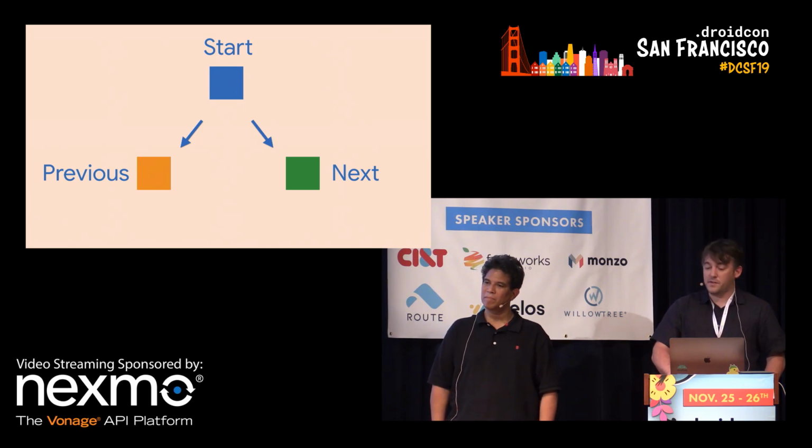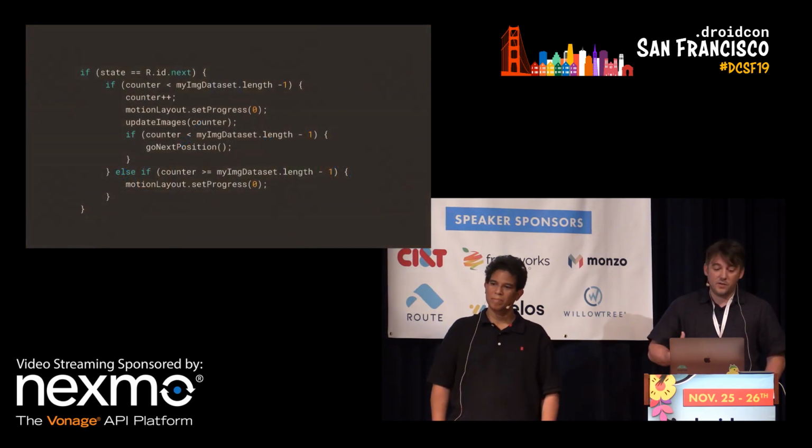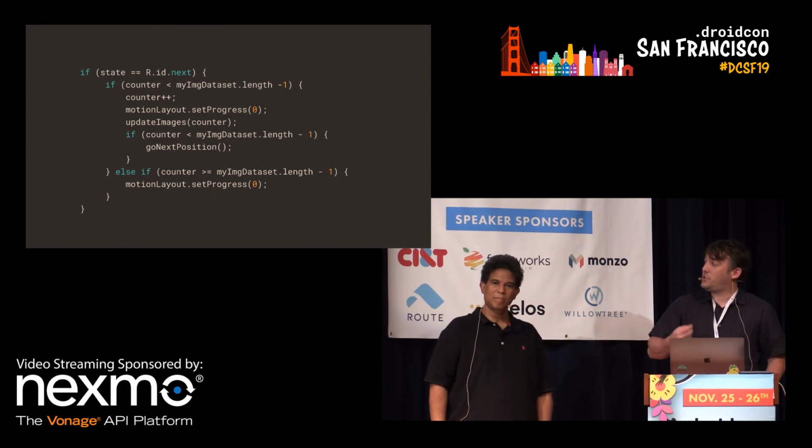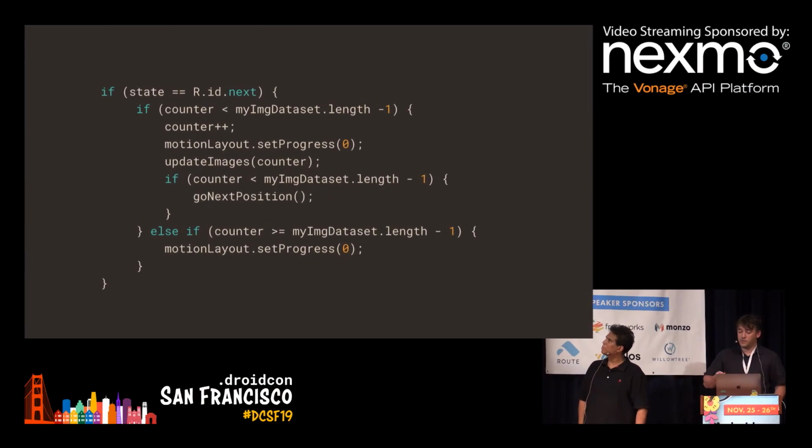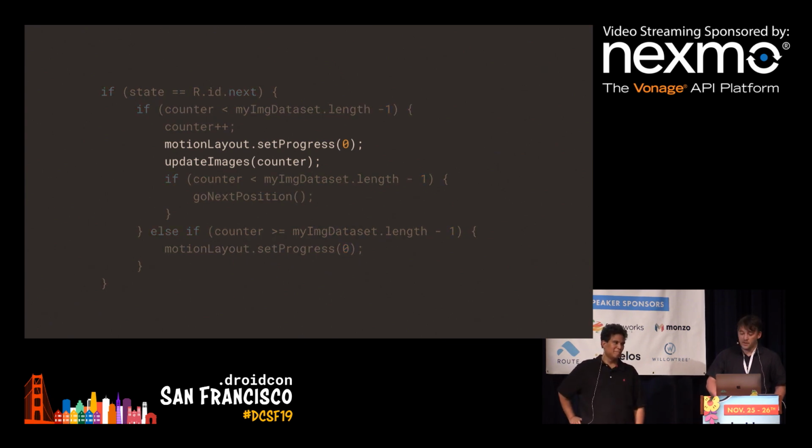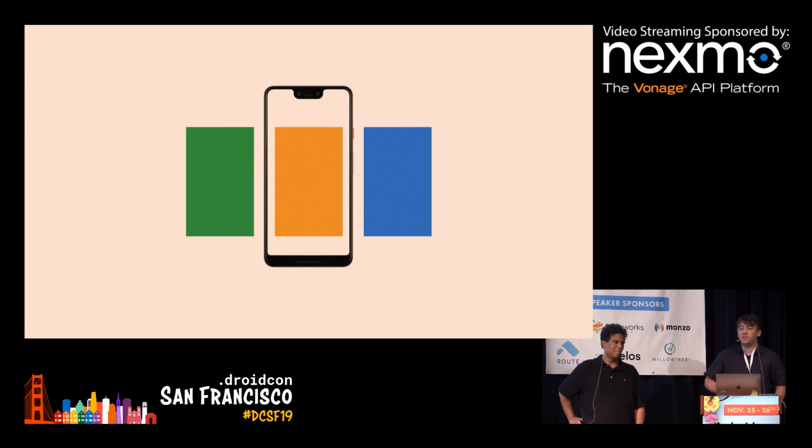And the trick here is that when I'm actually getting a state change, I could just replace the different images, for example, of that carousel, and reset the progress of the animation. And by simply doing that, and updating the image, I can simulate essentially an infinite carousel.